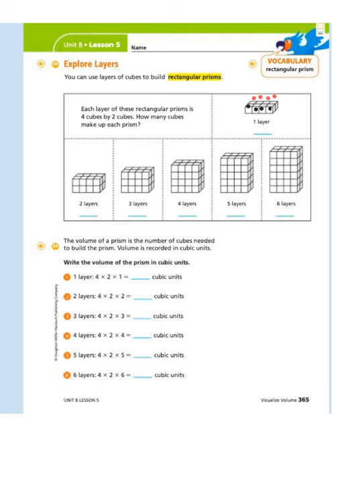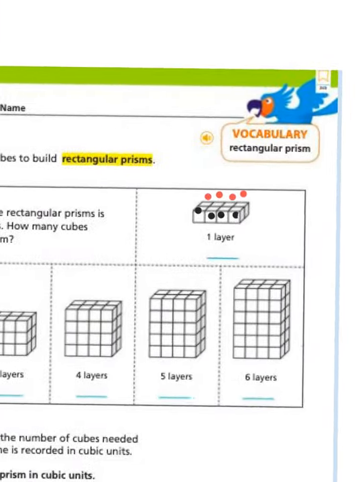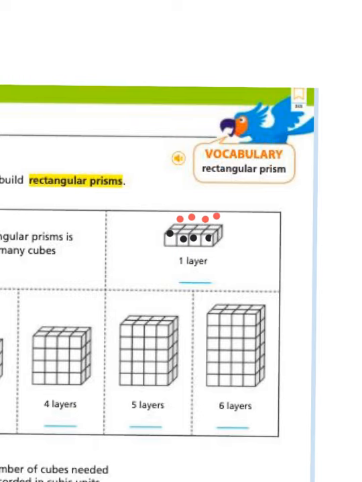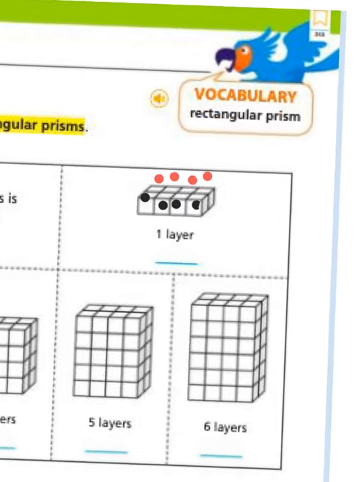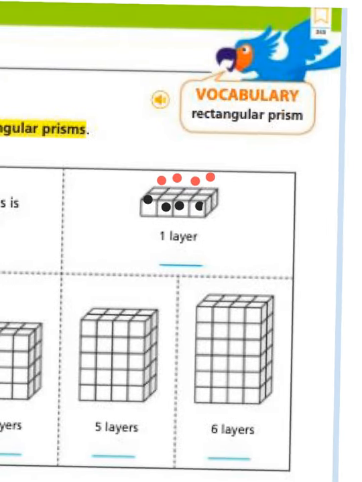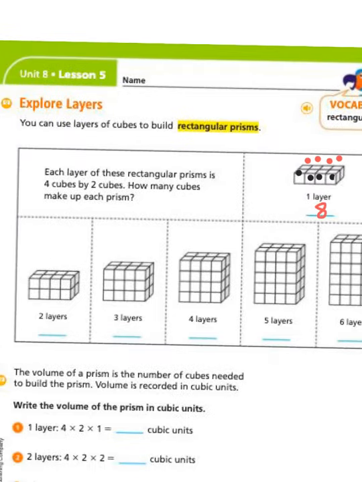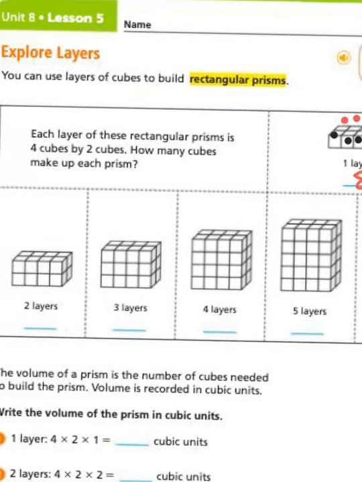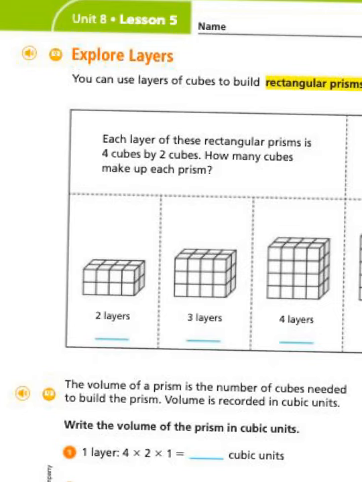So in this first layer, we have 1, 2, 3, 4, 5, 6, 7, 8. So you'll want to write in 8 on the blank. Change back to a black pen. Okay, now that was layer 1. Now there's 8 on this bottom one down here.